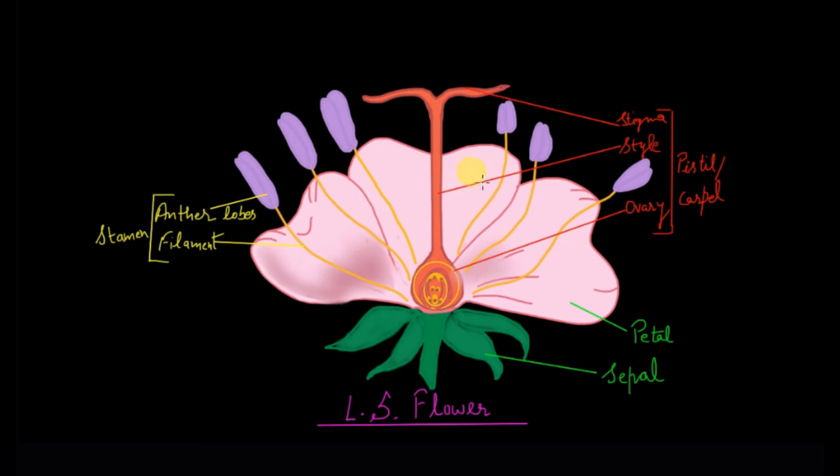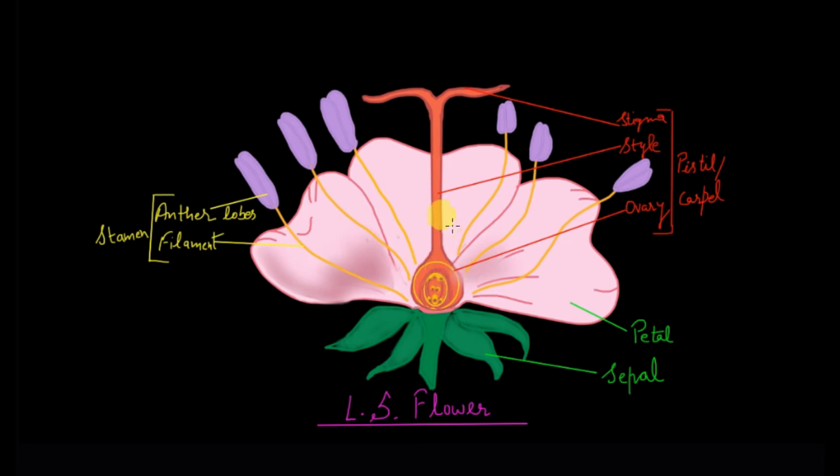These beautiful and colored leaf-like structures are known as petals, and wall of petals is known as corolla. And then these purple colored structures are known as anther lobes, and this yellow-colored stalk-like structure is known as filament. Anther lobes and filament combined are known as stamens, and stamens are the male parts of the flower.